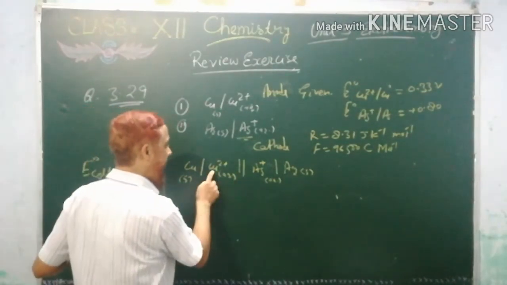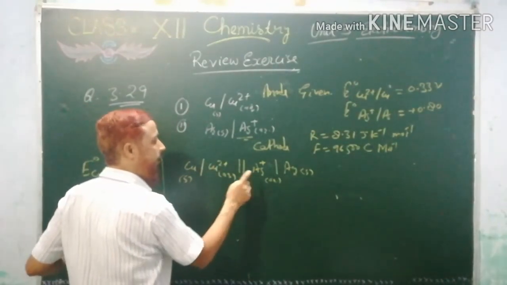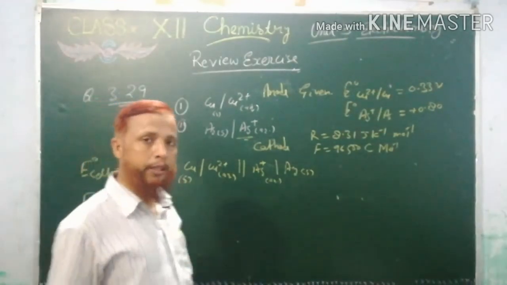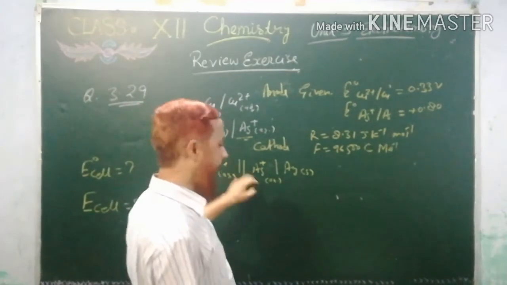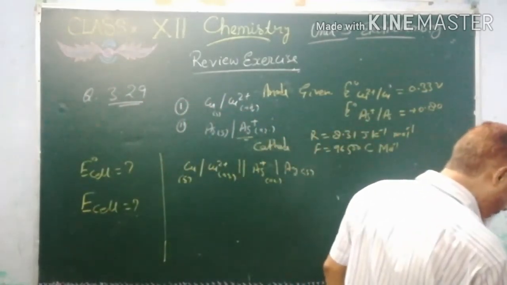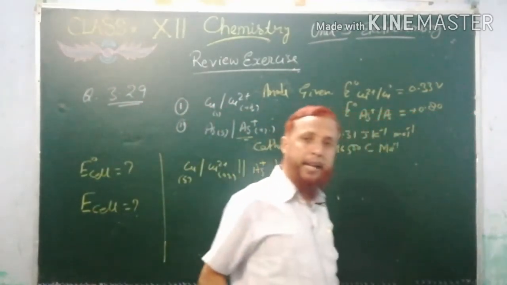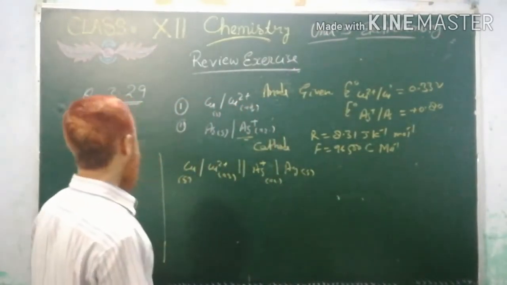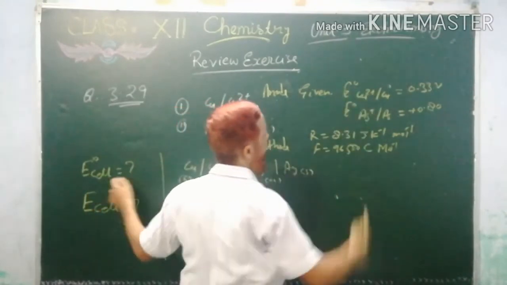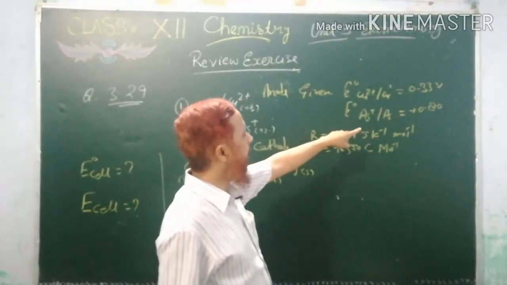Again silver is used, and this is 2 plus, so the concentration of silver will be squared. In the question it is given that the concentration of copper is 2 molar and the silver ion is 0.05 M, then what will be the EMF of the cell? Firstly, you calculate E naught cell from this one. Both reduction potentials are given.